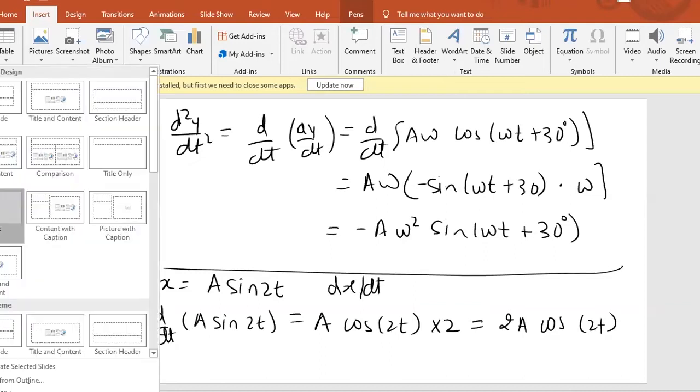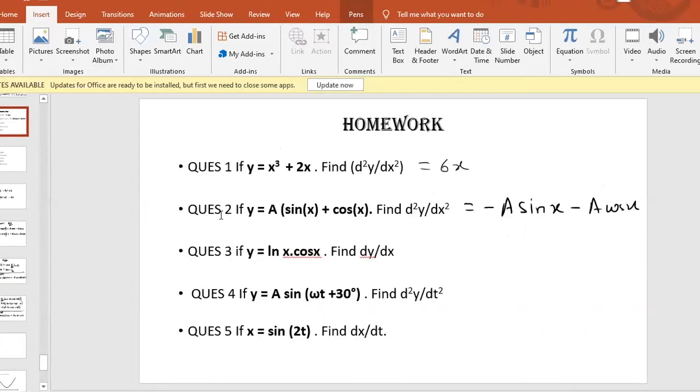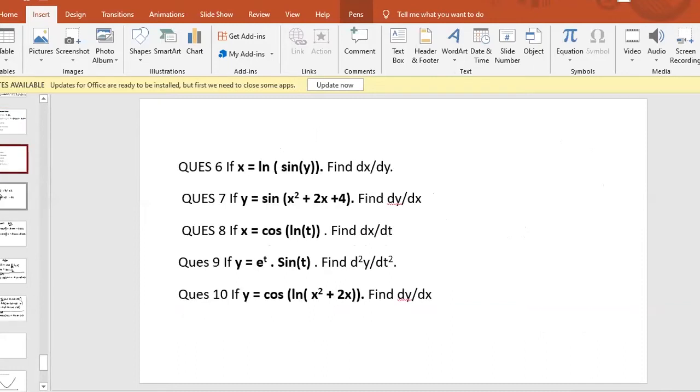This formula I have given to you, y is equal to a sine omega t plus 30 degree, is the equation of simple harmonic motion. Then dy by dt of that is the velocity. D square y by dt square is the acceleration. So that is why I'm telling you, whatever I'm teaching you is useful for you. Don't think that it is not useful for you.